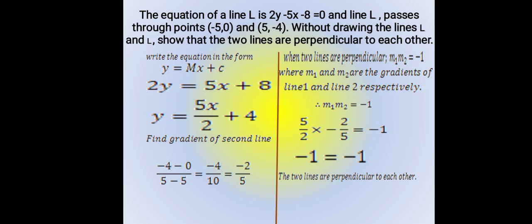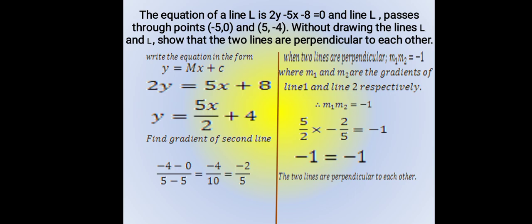Now, negative 4 minus 0 all over 5 minus 5, we get negative 4 over 10. Solving further, we get negative 2 over 5. And we know that for lines to be perpendicular, the product of their gradients should be -1.